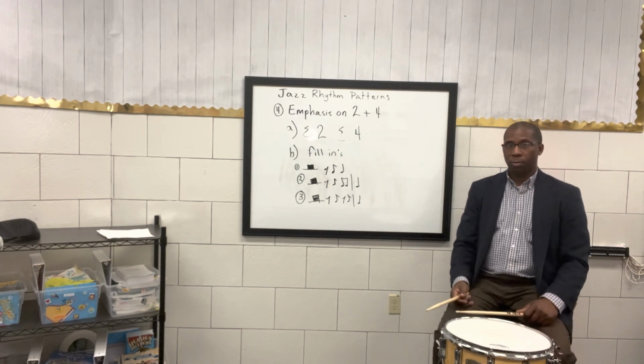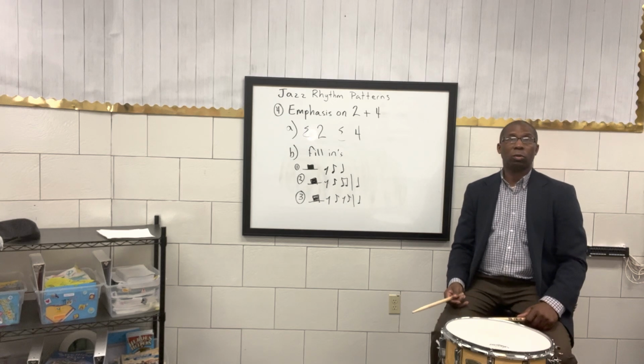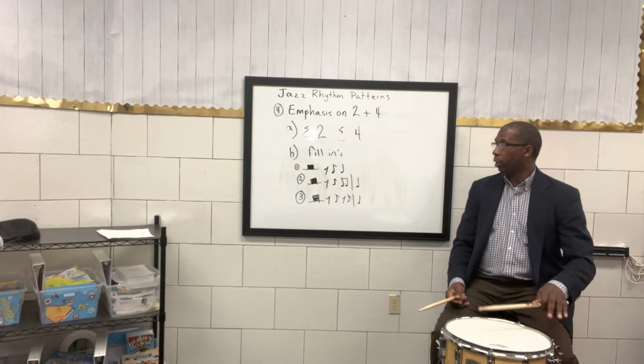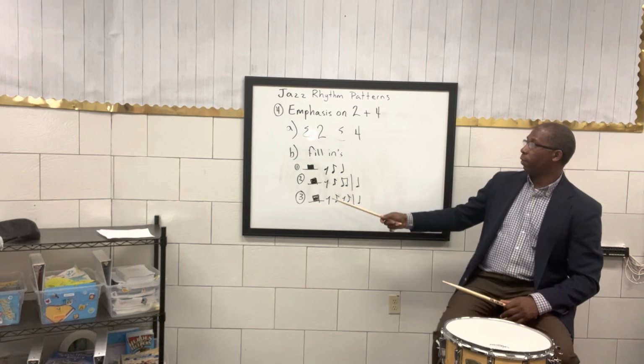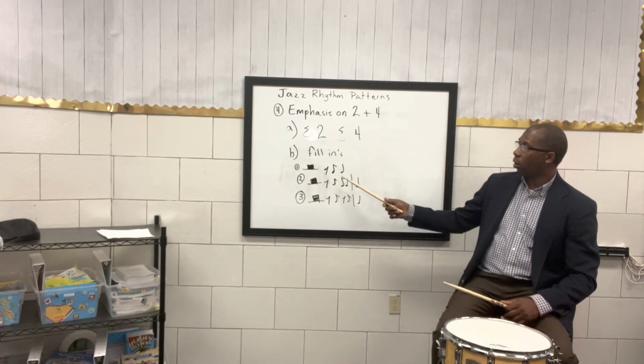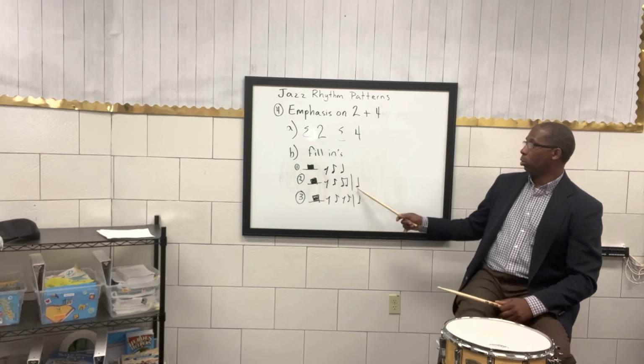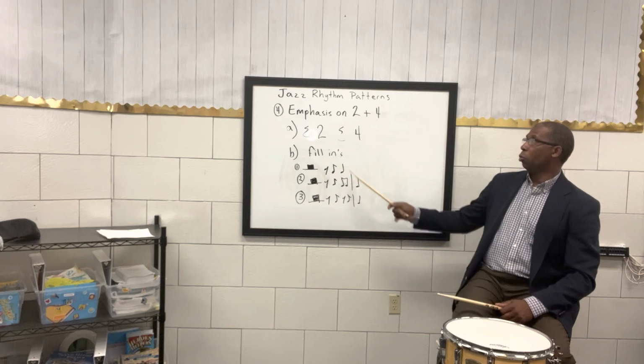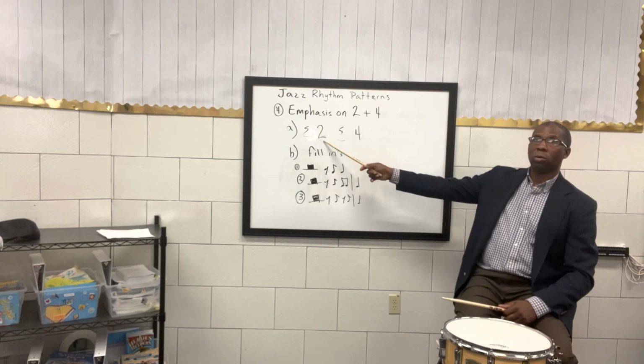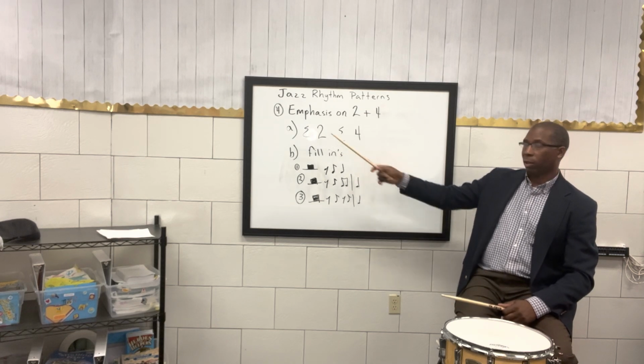Now, jazz musicians like to use creativity. And if you're playing the snare, you want to have some kind of feelings. And here are 3 feelings that could work. Now, I do want to tell you on number 2 and 3, you have beat 1 right here. You don't have to necessarily come in on 2 on the next one. And we'll talk about that in just a minute.